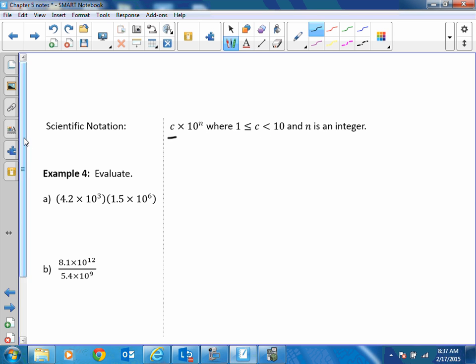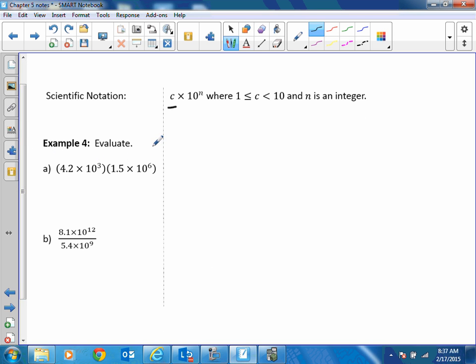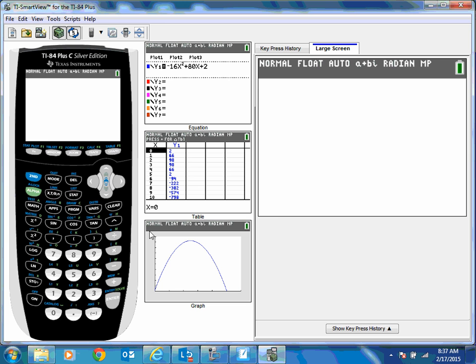So how we do these is we rewrite them as we're going to multiply the like parts together, like 4.2 times 1.5, and then multiply the powers together. Because remember, we know that if we have the same base, different exponents, when we multiply, we're just going to add them. So we're going to do 4.2 times 1.5, which is 6.3.